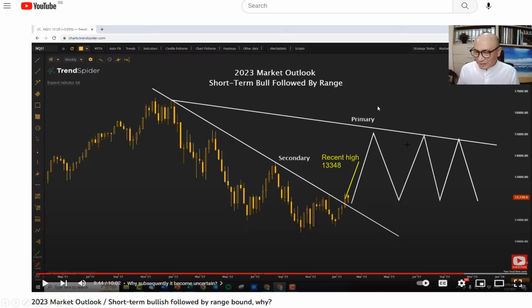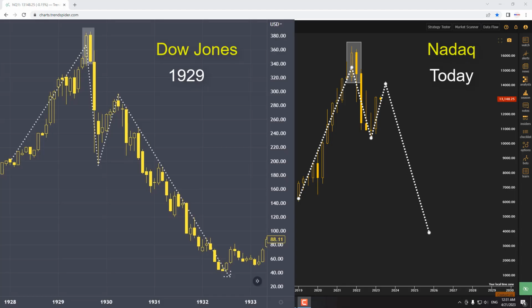And I also stated very clearly that at some point you have a standstill where people will start to question, has inflation really tamed off? And the market may enter into a range, but I suspect that this range will ultimately give way and the downtrend may resume.